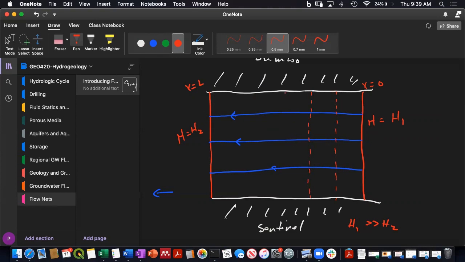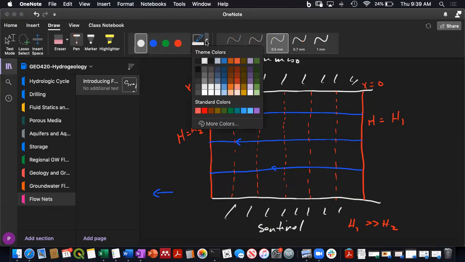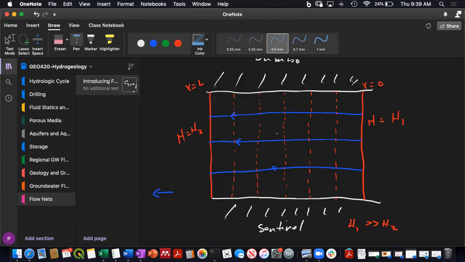And not all of these are perfect squares, and that's just the way it's going to be. I've had students absolutely tearing their hair out trying to make perfect squares. And it's just not always going to work that way. These are supposed to be what we call curvilinear squares for this setting.